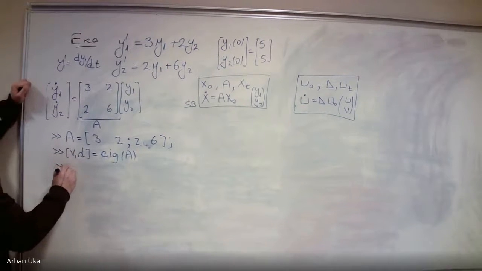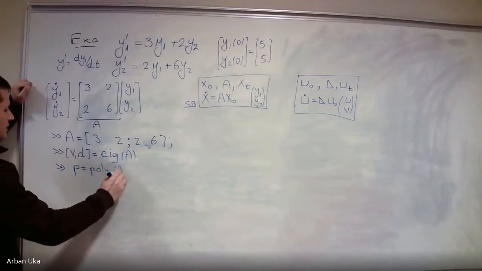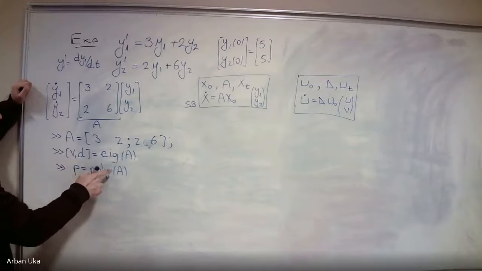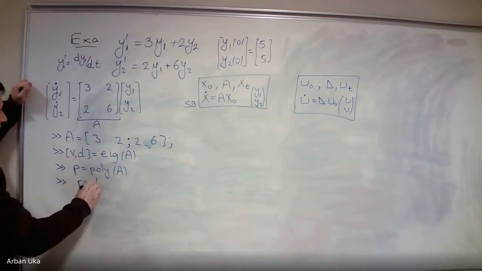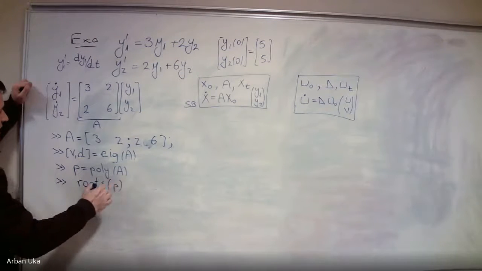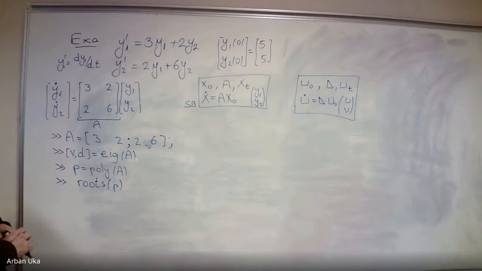Or you can also write P equal to poly(A), which finds the characteristic polynomial of A, and then the eigenvalues will be simply the roots of P. Okay? So here we have some commands which you can type fast in MATLAB or Octave.